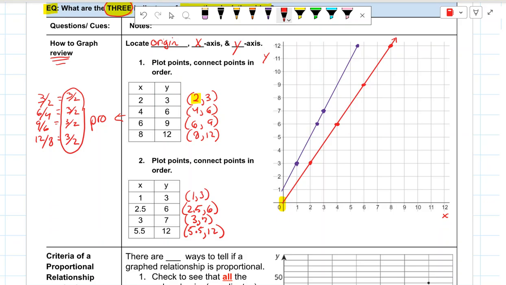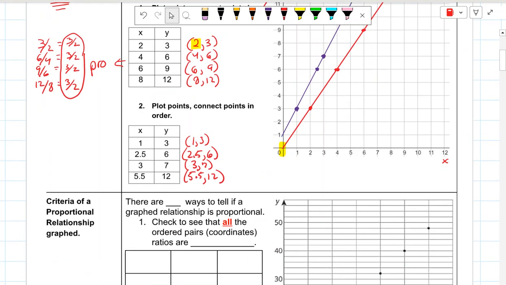Whereas this one down here, if you were to set it all up with your y divided by x's, 3 divided by 1 is 3. Then the next one is 6 divided by 2.5. Throw that into the calculator. You can probably tell before you even do the math that it is not equal to 3.